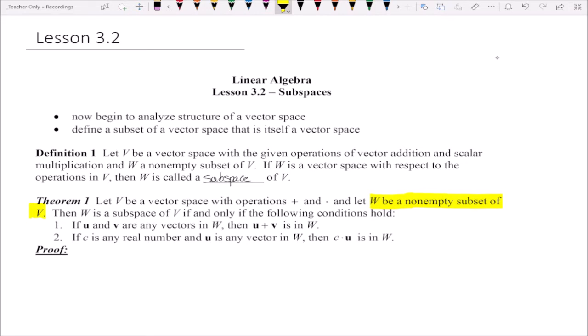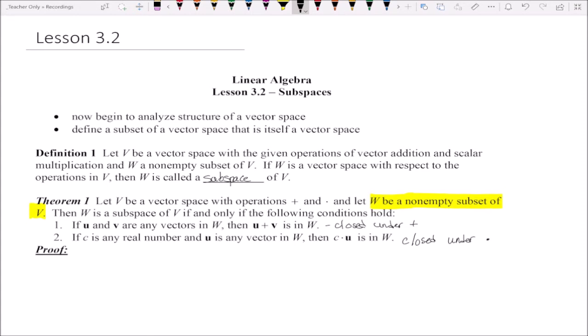Showing it's a subset is usually pretty obvious. To show it's not empty, all we have to do is show that it contains the additive identity. Then, just show it's closed under addition and closed under scalar multiplication.